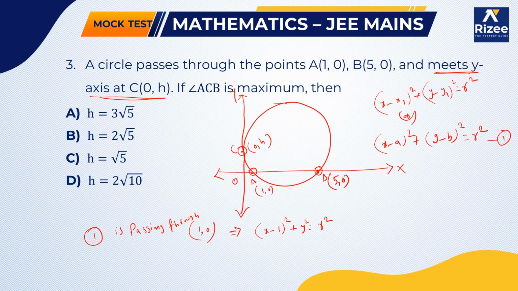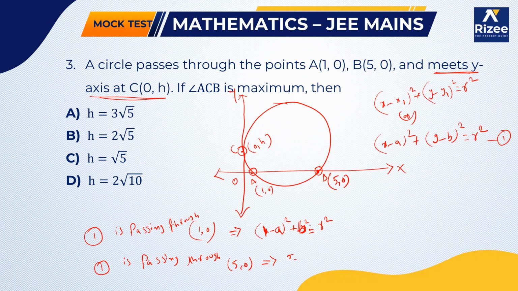Next, the circle is passing through 5, 0. Instead of x, I am substituting the value 5.